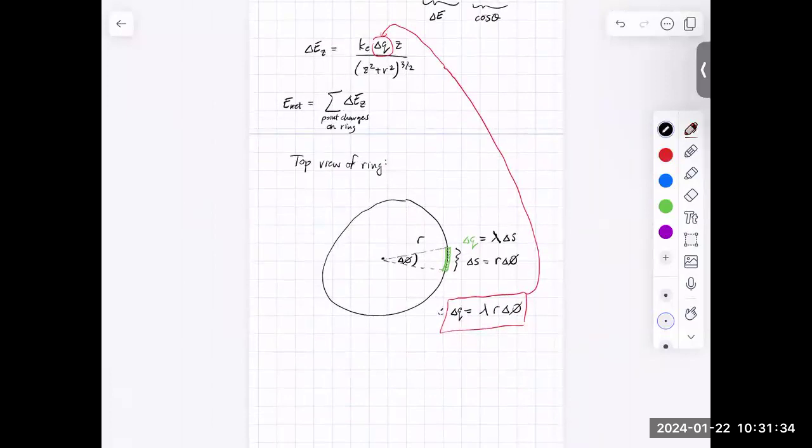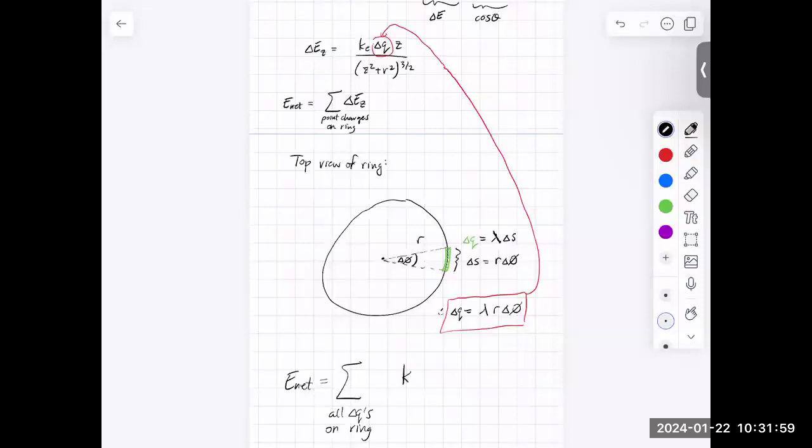Okay, so then E net is going to be the sum of all delta Q's on the ring, and then we just have to write in this delta Ez expression.